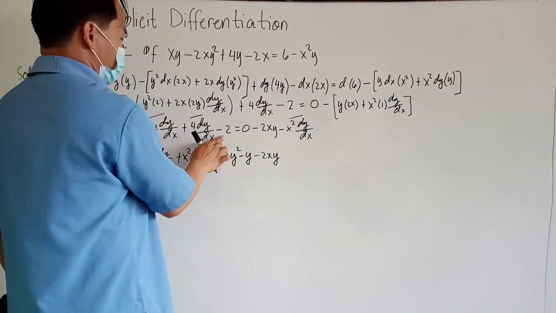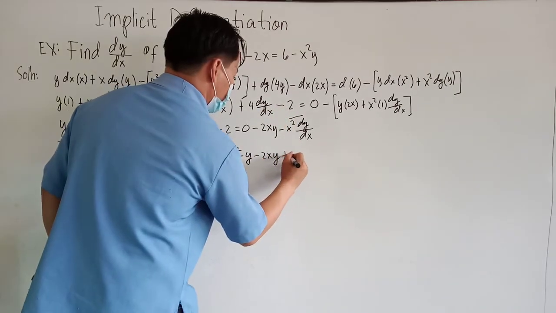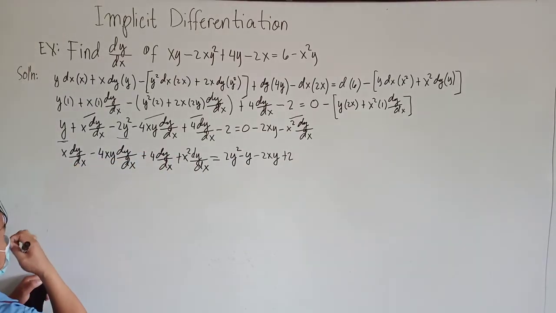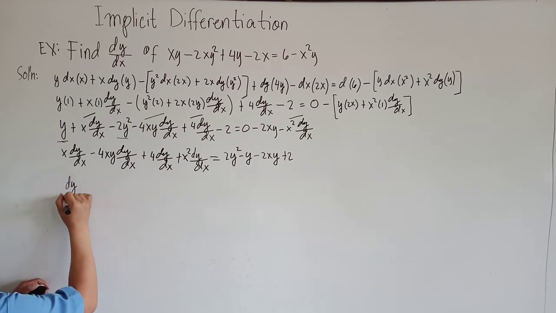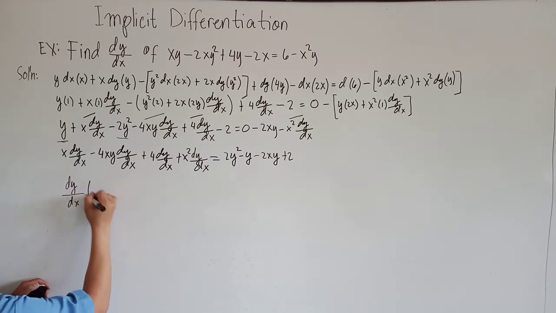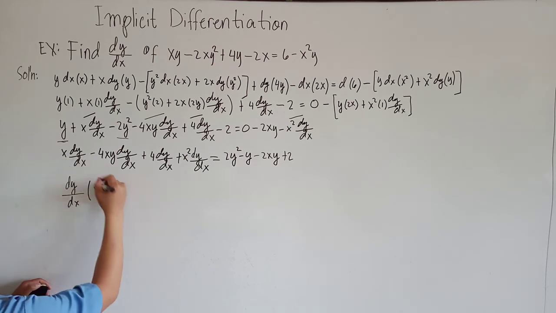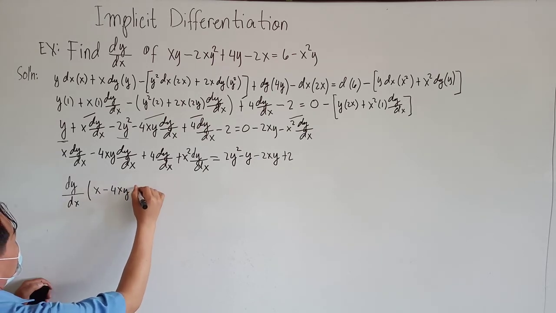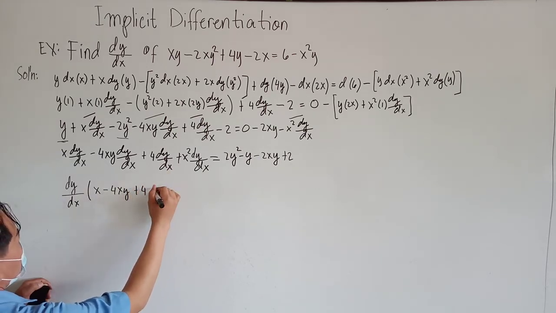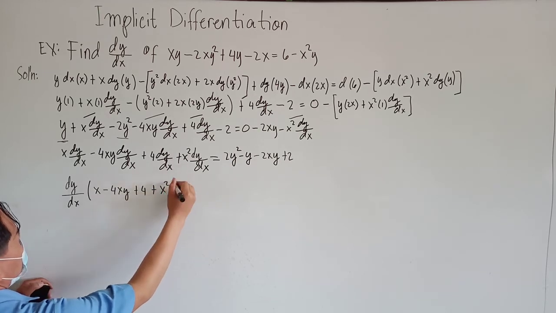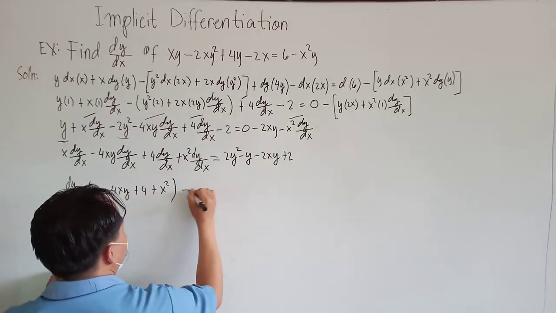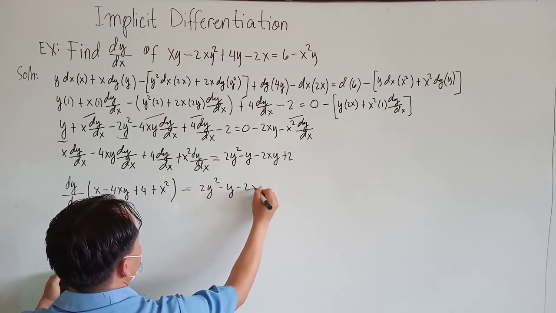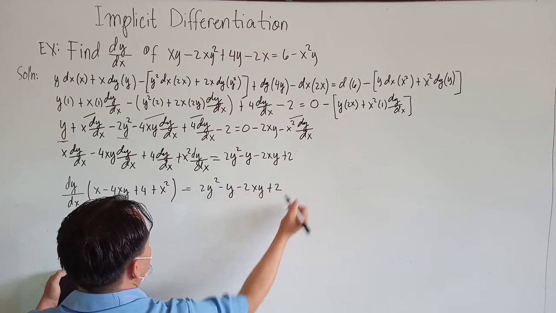Next, the last one is negative 2, so that will become positive 2. Then, factor out dy over dx. This will become dy over dx times x minus 4xy plus 4 plus x squared, and that is equivalent to 2y squared minus y minus 2xy plus 2.